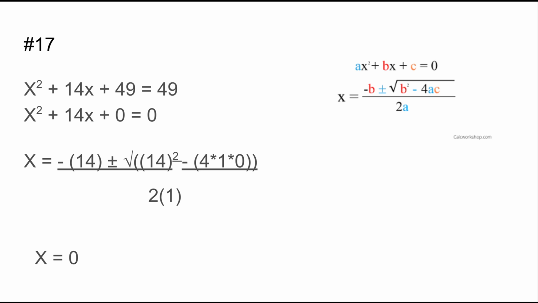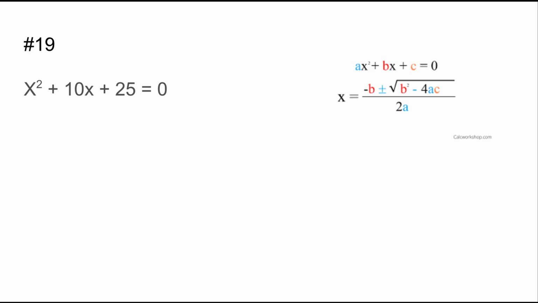Is that okay? Yeah, 0 is a number. It could work. Okay, let's do it now with subtracting. Negative 14 minus the square root of 14 squared minus 4 times 1 times 0, enter, divided by 2, x equals negative 14. These are the two solutions to this quadratic equation.